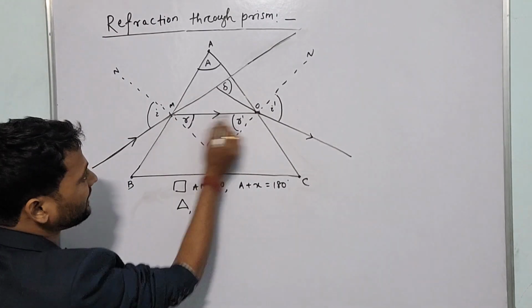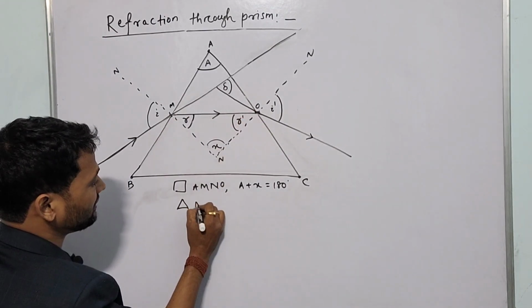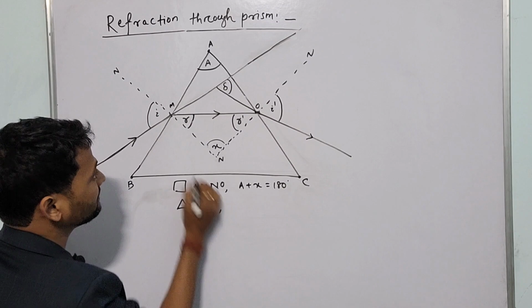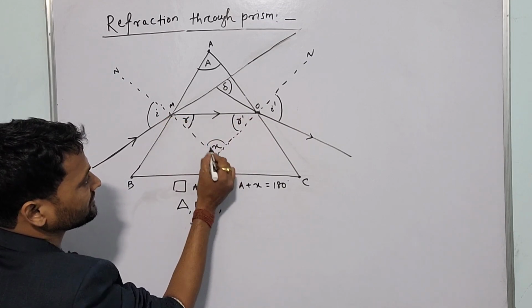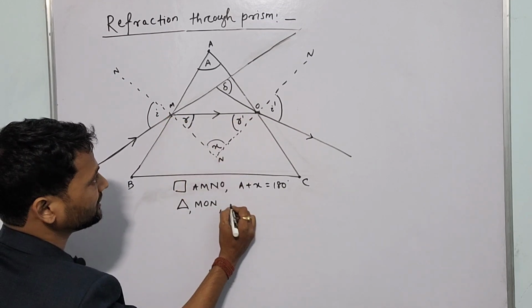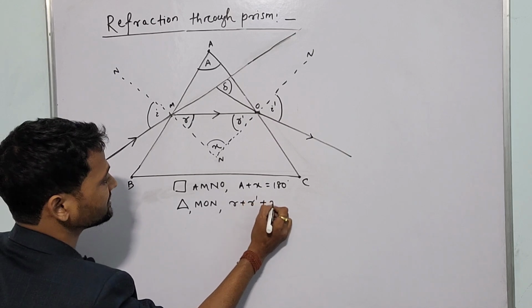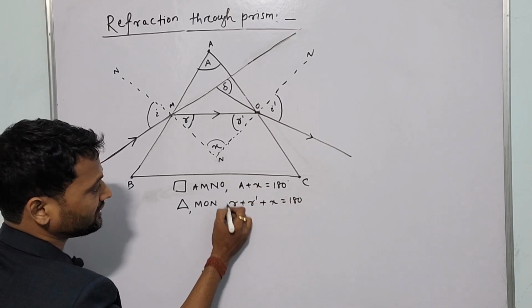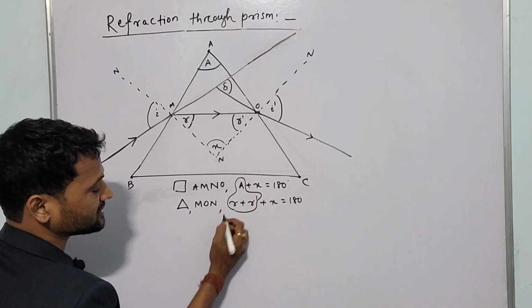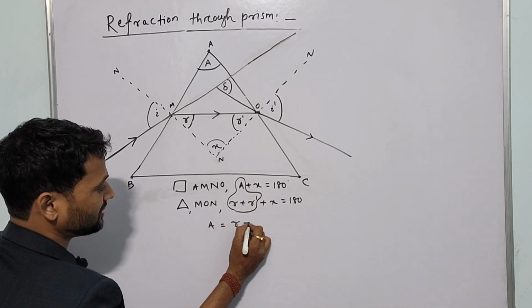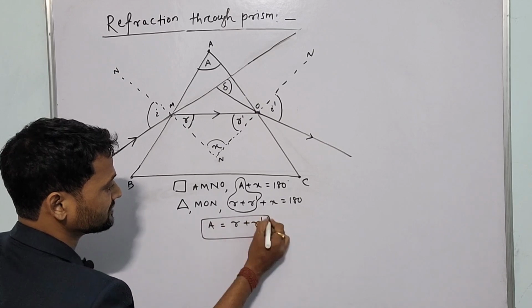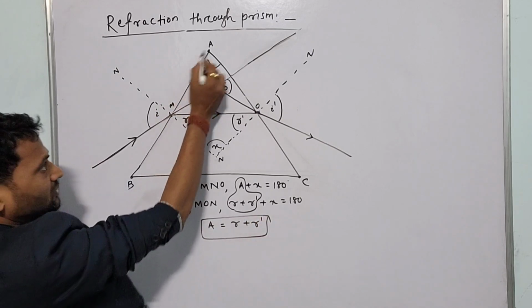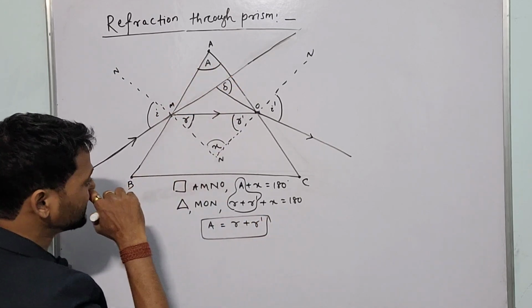Now if I consider the triangle MON, ये जो triangle है, sum of three angles will be 180 degrees. मतलब R plus R dash plus x will be 180 degrees. So from these two we can write A will be equal to R plus R dash. Is it clear?